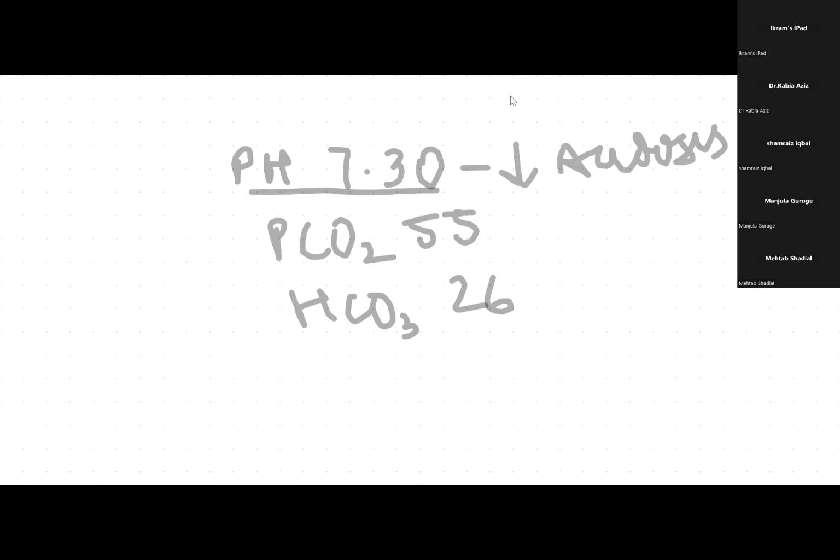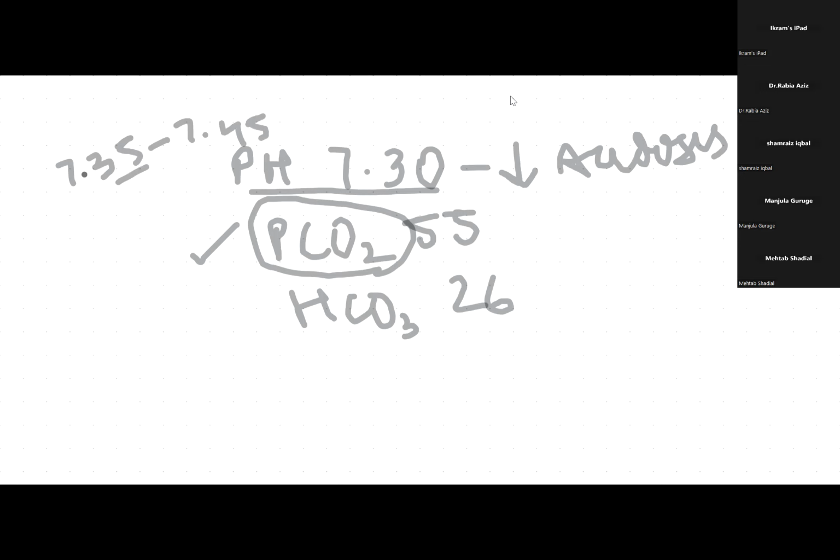Second step is looking at the carbon dioxide. The normal value of carbon dioxide: you just take this 35 and 45 from the pH range 7.35 to 7.45.